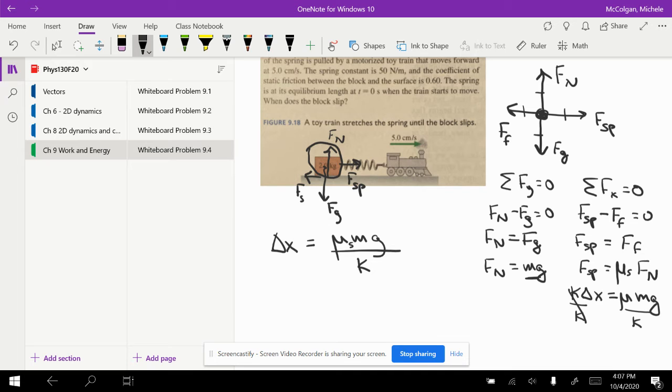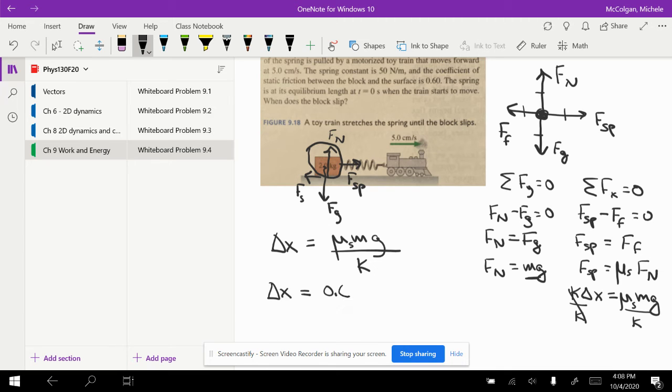Now I plug in. The number I'm putting in for mu is 0.6, and this is the largest the static friction can be before the block starts to move, so I'll put a little s there.